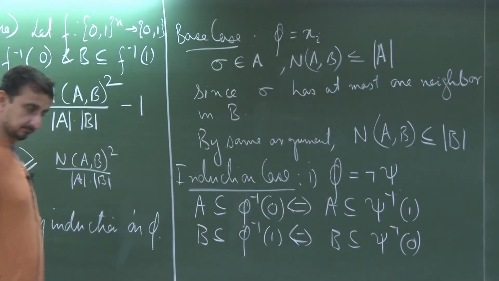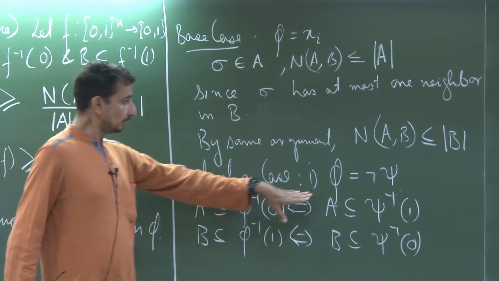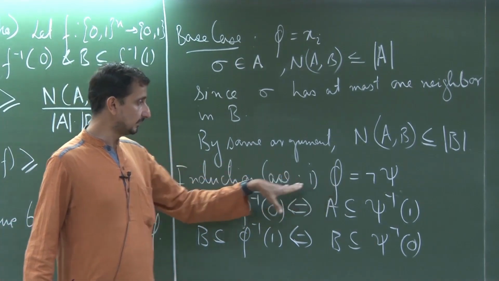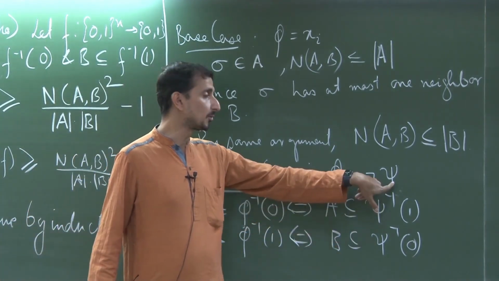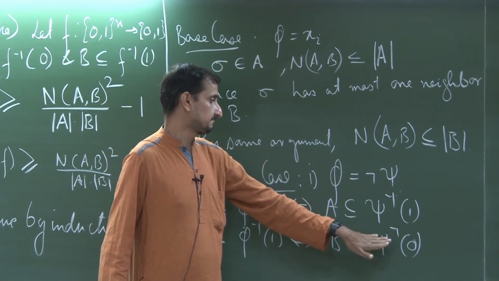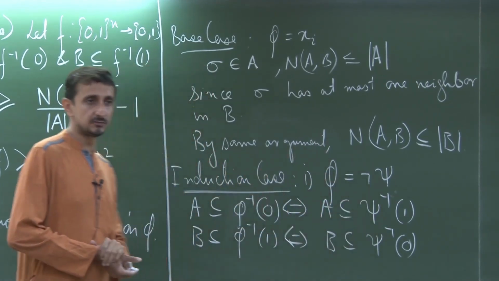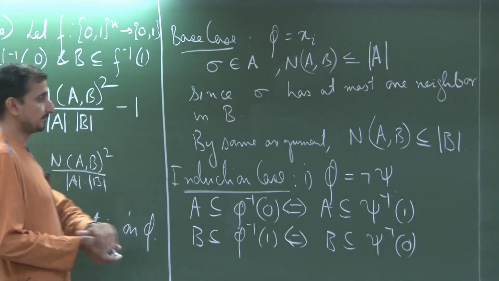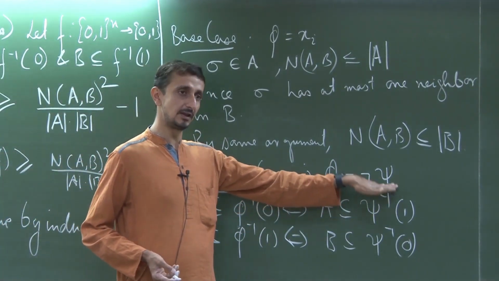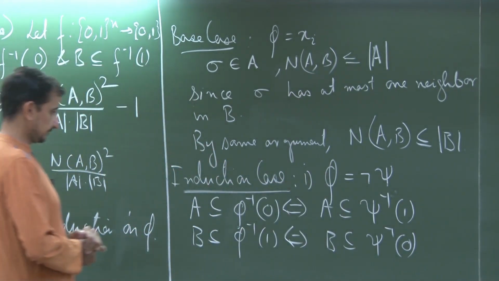Okay. The same thing holds for the opposite direction as well. So, therefore, this proves the claim, and now psi is a smaller formula because it has one less gate. Therefore, by induction I know that the formula is true for psi, hence we are done. So, if I have a formula which is not of some other formula, then it follows by this observation.